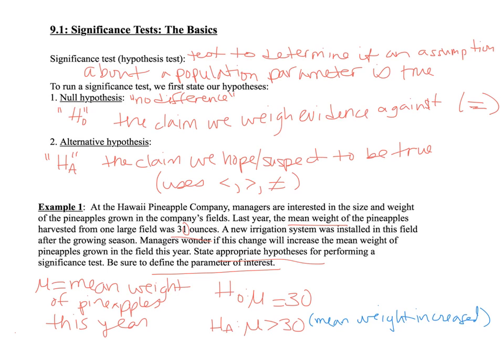So the null hypothesis is saying that the mean weight is still 30. In other words, we're saying with the null that the mean weight hasn't changed. So that's why I said above that the null hypothesis is generally going to be that there's no difference, and I actually didn't write no change, but it can be no difference or no change.